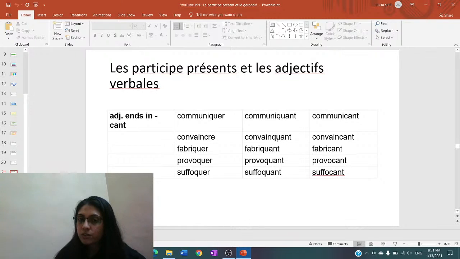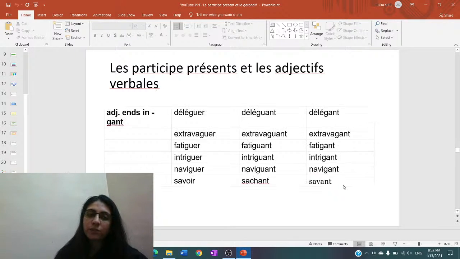Here also the present participle of the verb is convainquant, quant. In the adjective it becomes cant. Fabriquer, fabriquant, fabricant. Provoquer, provoquant, provocant. Suffoquer, suffoquant, suffocant. All these which are quant form cant in the adjective form.